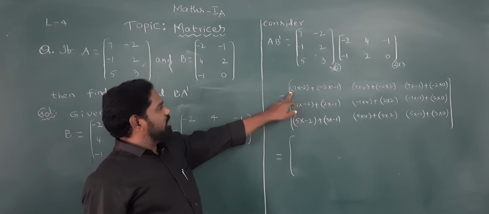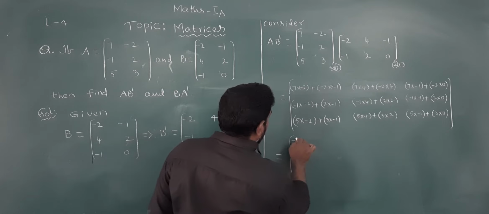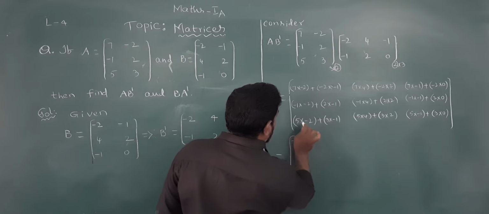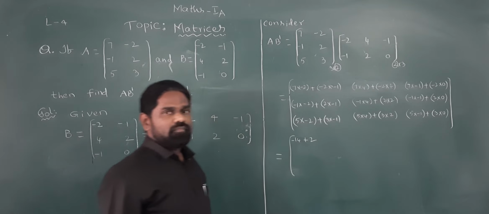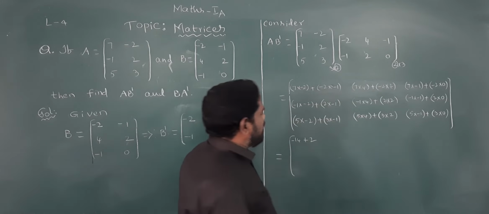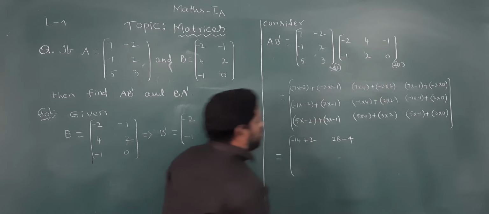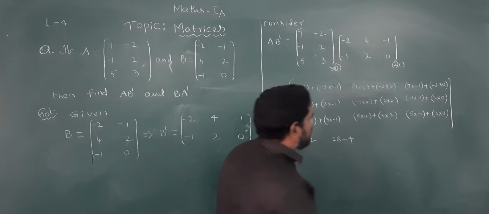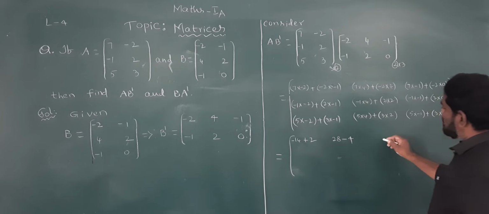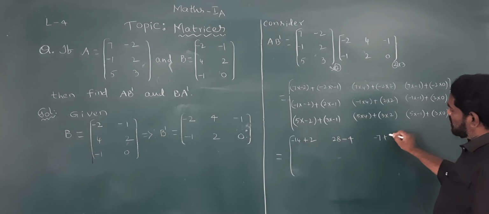Now, 7 into -2 is -14. Next, minus into minus is plus 2. Next, 7 into 4 is 28, minus 4. Next, 7 into -1 is -7, -2 into 0 is 0.